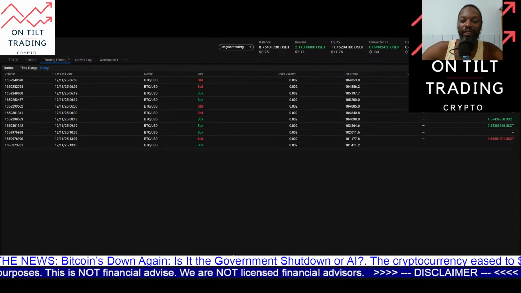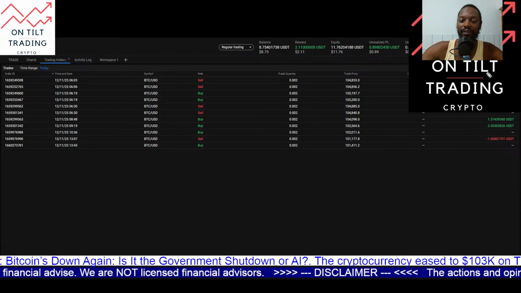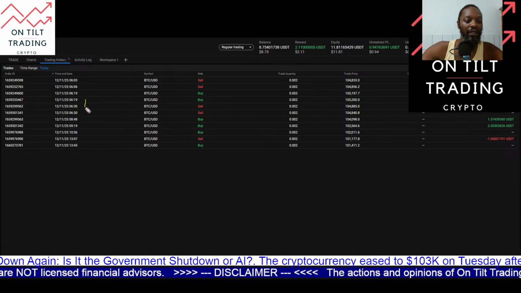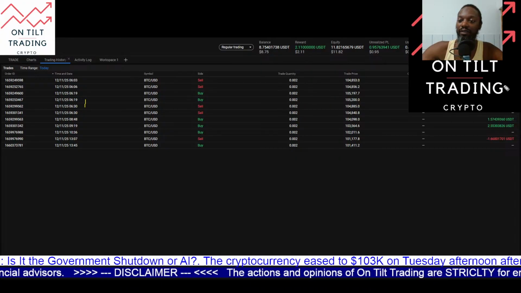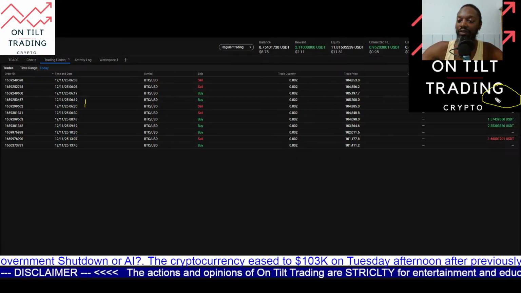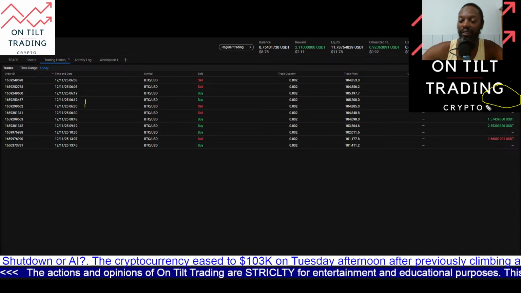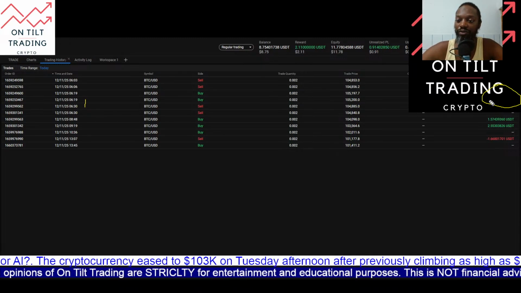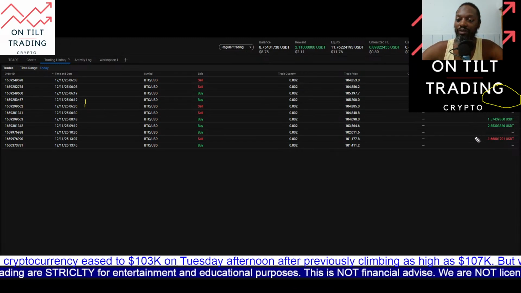And then for my trading history, this is today. This is the New York AM session. This is the small loss I took. So I took two positions instead of one and taking partials. So this was a small loss here.